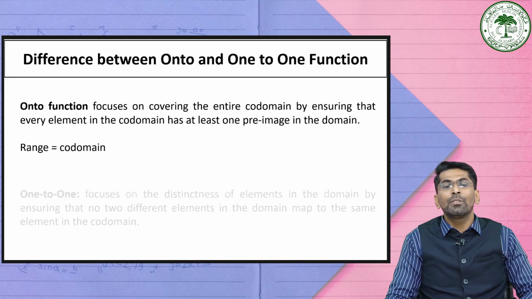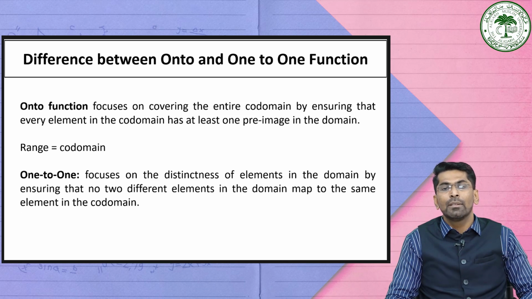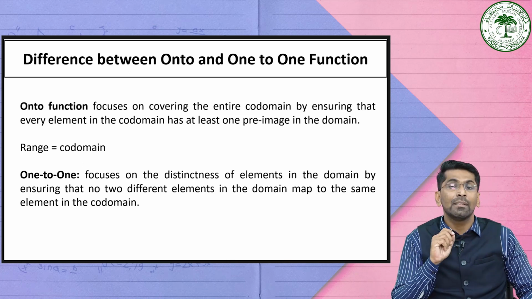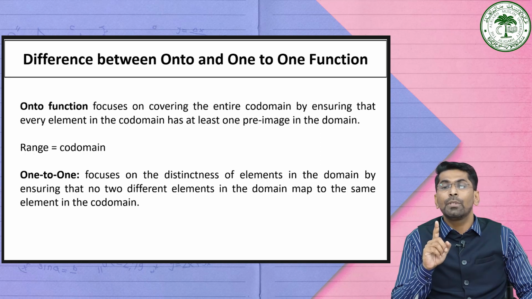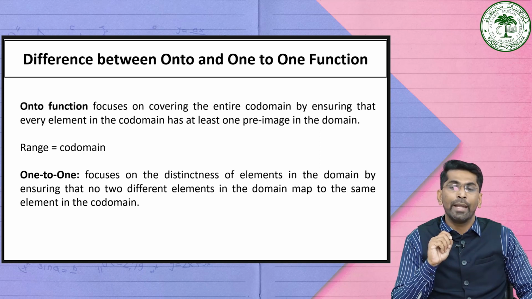However, in the case of a one-to-one function, which is also known as an injective function, the focus is on the distinctness of elements in the domain, by ensuring that no two different elements in the domain map to the same element in the codomain.